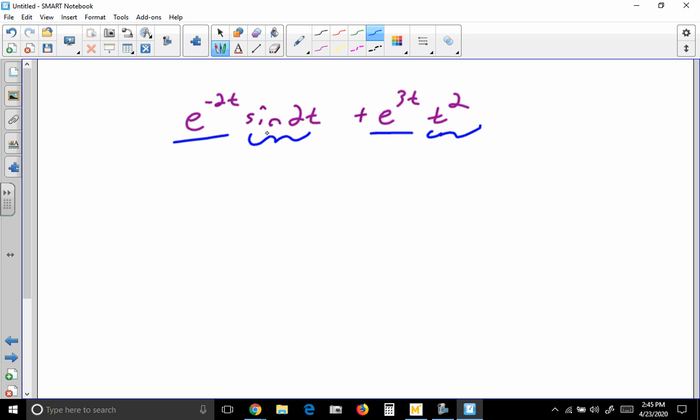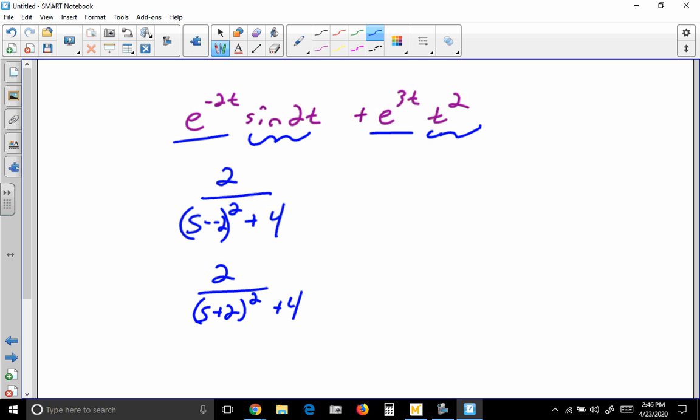So when we transform sine, that's our b over s squared plus b squared, so 2 squared is 4, and then this makes it slide over 2 units, and it goes s minus whatever a is. A is negative 2. Minus the negative will make that a positive, so that's going to be 2 over s plus 2 squared plus 4.